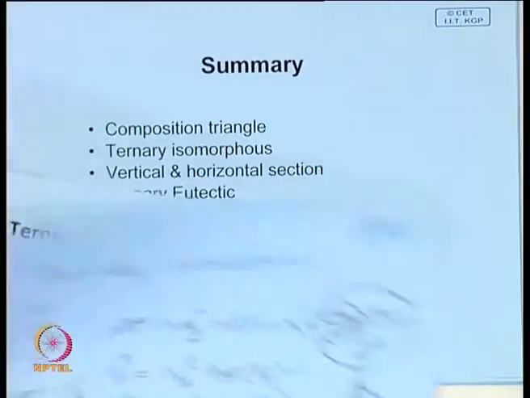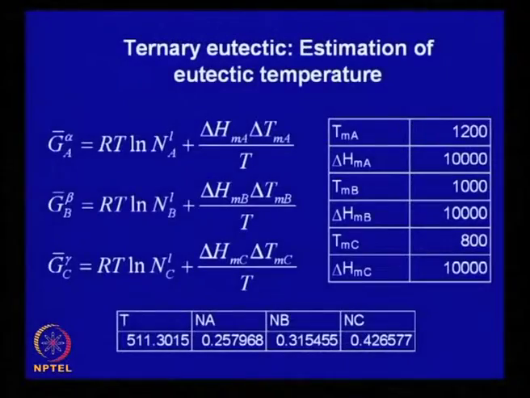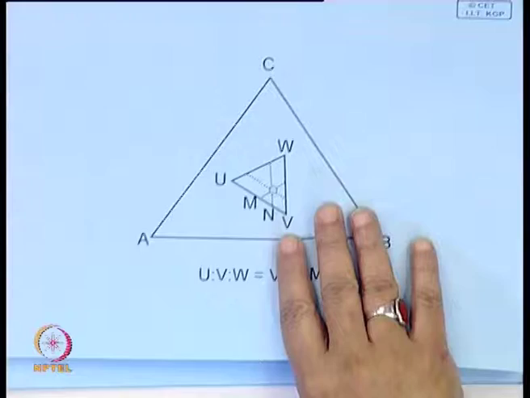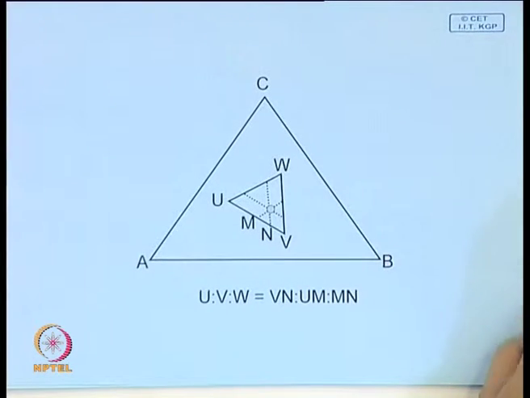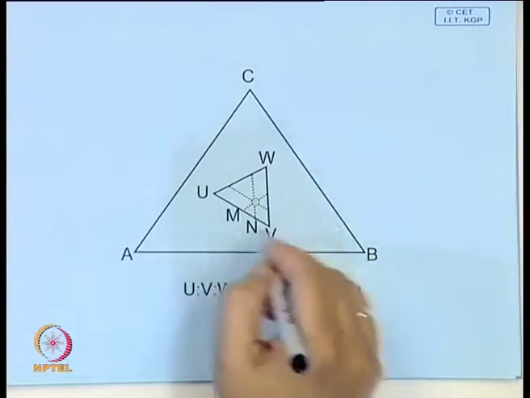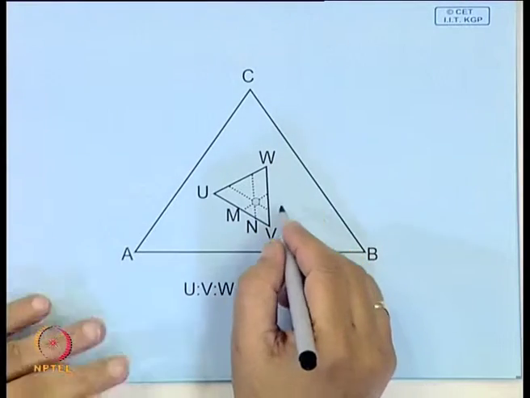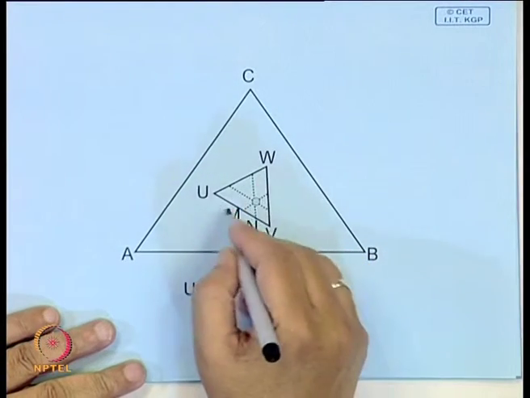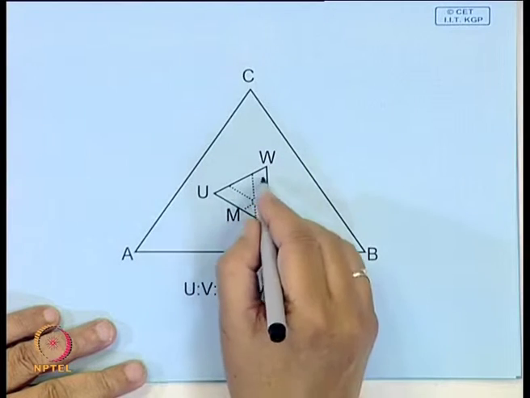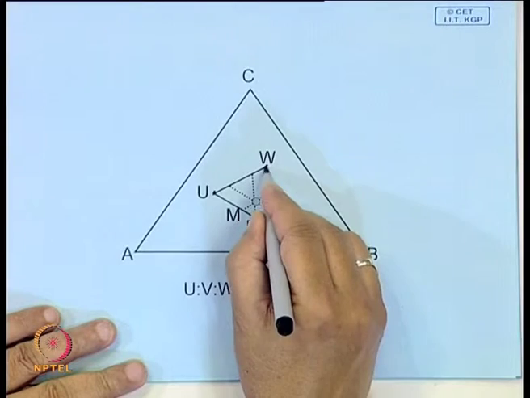Now, one point is that in this ternary diagram or in a multicomponent system, you often may have to apply the material balance where 3 phases, or multiple phases, are coexisting.